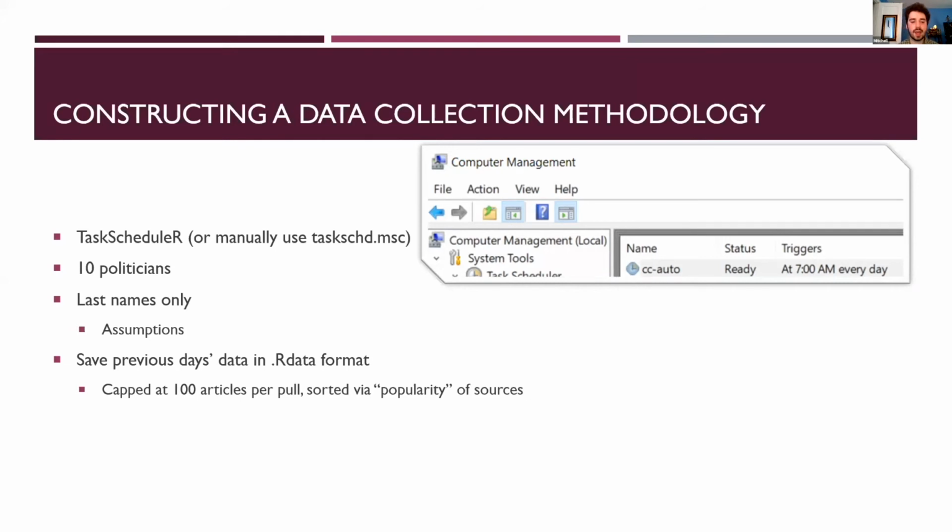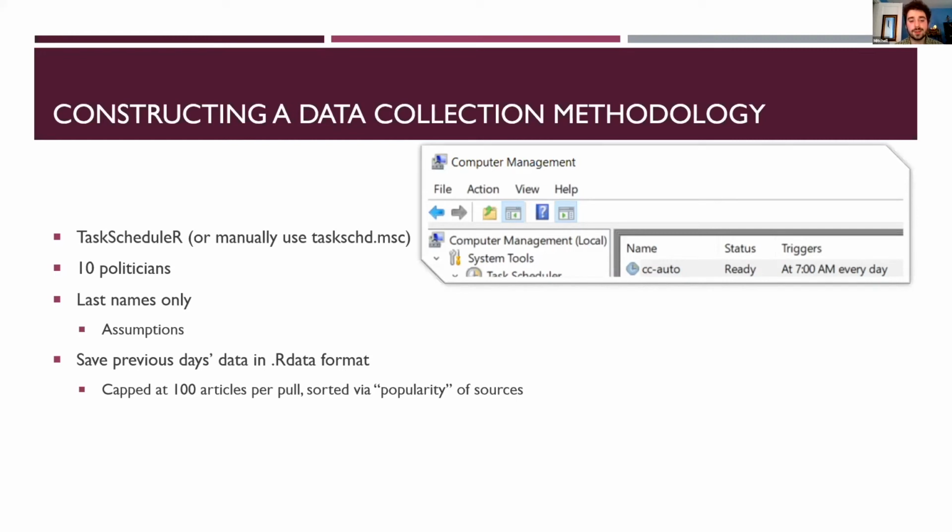And I chose 10 of the Democratic primary runners as my variable list of people that I wanted to collect for. I had to use last names only to keep things simple. I could have gone for Elizabeth Warren or Bernie Sanders or Joe Biden, etc. But I wanted to keep my collection straightforward, and then I can adjust the methodology as I need. At 7 o'clock every day, the function runs, and I pull that information for the prior day.